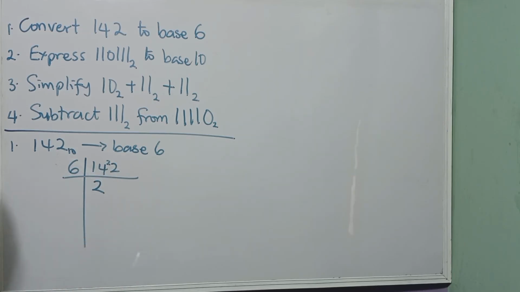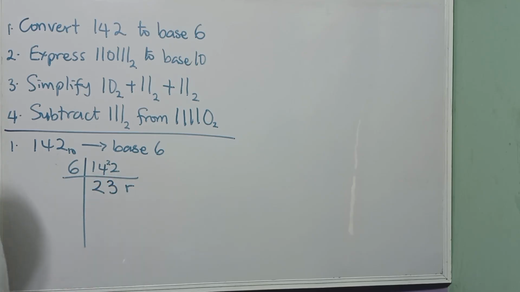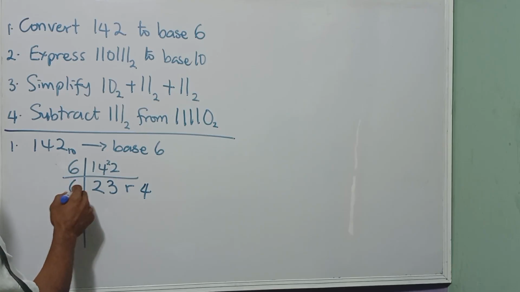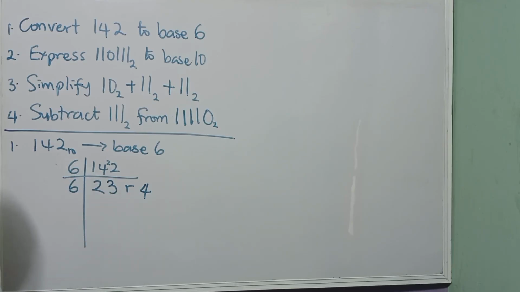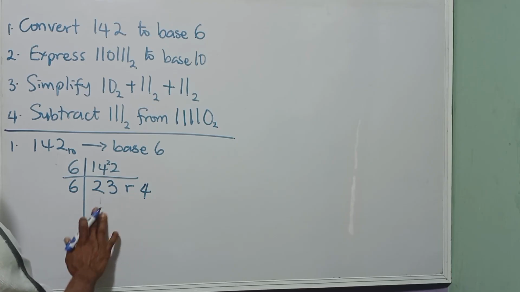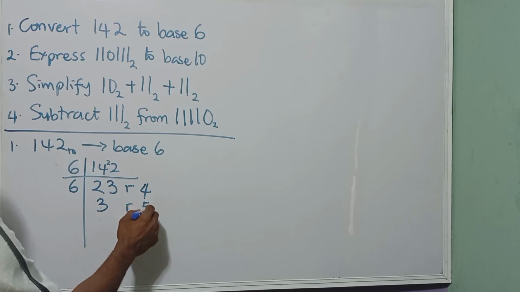Now 6 into 22, 6 times 3, 18. So that gives us 3. Remember, 22 minus 18 will give us 4. Alright, so 6 into 23 will give us 3, which is 18, remainder 5.